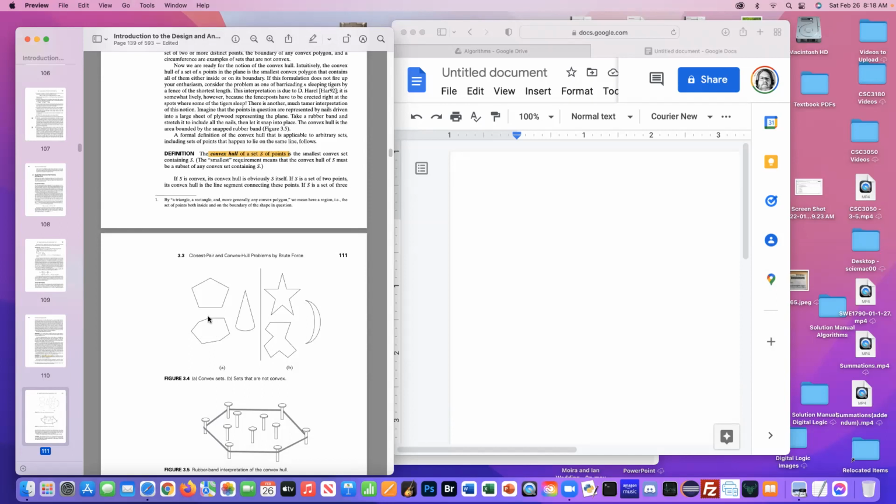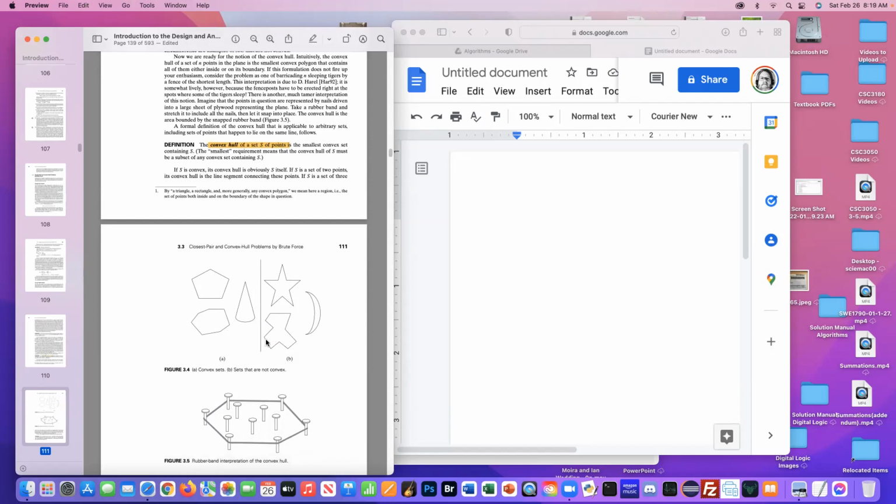Because from every point in here, we can draw to every other point without leaving the set. Okay. Whereas these sets on the right, if I go from that point to that point, I assume you're seeing my cursor there. Okay, that you're going to leave the set basically. Okay.